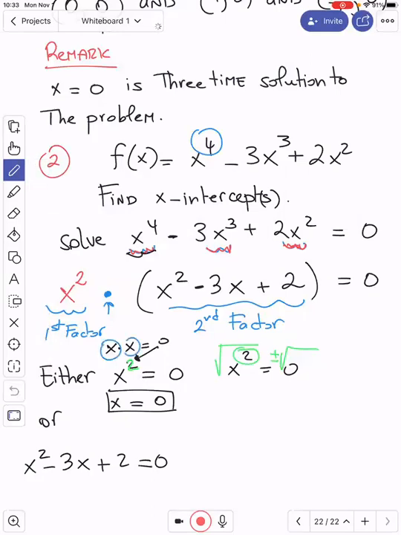The first time and the second time. All right, so this is 2 times solution of the problem. It counts for two solutions, not just one. It's only one, but it counts for 2, right? So it's 2 times solution of the problem, or of the equation.